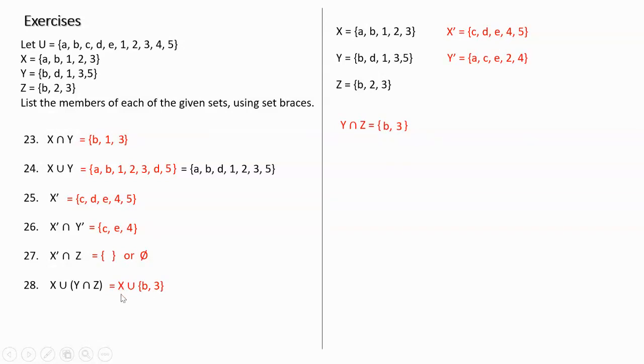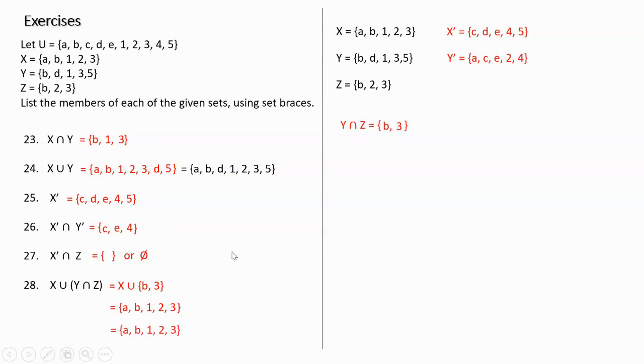Like I mentioned earlier, we're going to put everything in X first, which is A, B, 1, 2, 3. And then we go to the set containing the elements B and 3. The B is already there, so we wouldn't write it again. And the 3 is already there, so we wouldn't write it again. So this is my answer right there: A, B, 1, 2, and 3. Well, anyway, this will help you with some of the homework problems that are from the book.